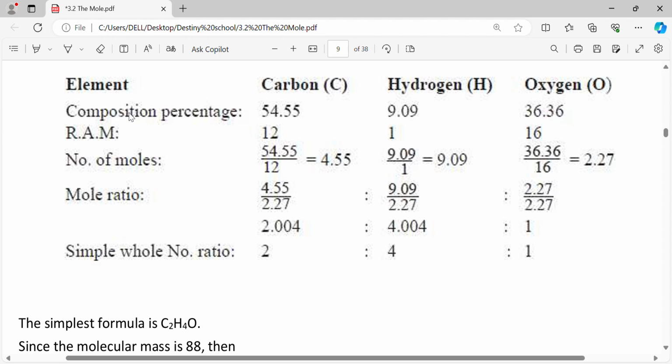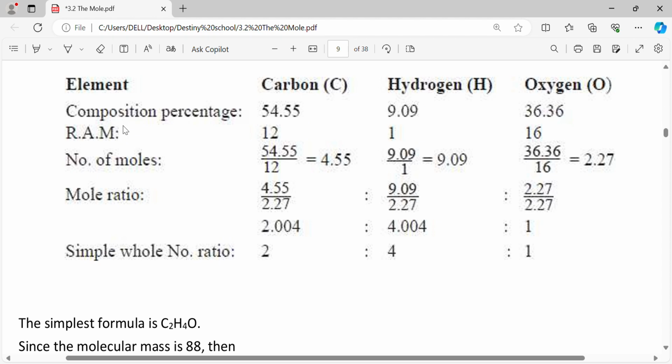So as usual, this is how it is solved. You write the elements, and we have 3 of them: carbon, hydrogen, and oxygen. Carbon was the first, hydrogen the second, oxygen the third. Then below it you write the percentage composition.